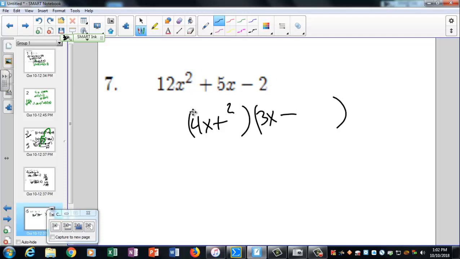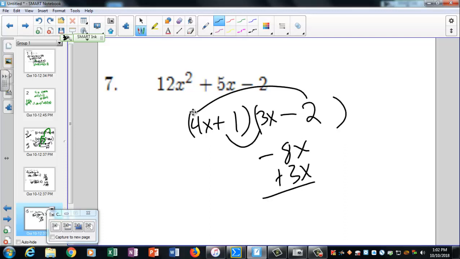Does everybody see what I'm saying? 2's got to go here. 1's got to go here. Negative 8x plus 3x is negative 5x. Is negative 5x the right answer? No. Change the signs.